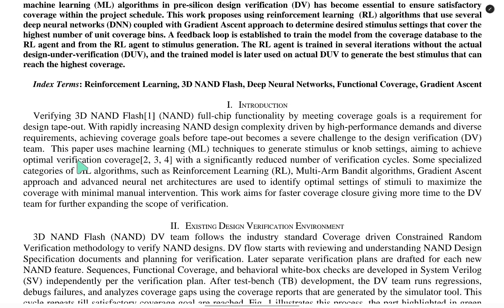This paper uses machine learning (ML) techniques to generate stimulus and loop settings, aiming to achieve optimal verification coverage with a significantly reduced number of verification cycles.